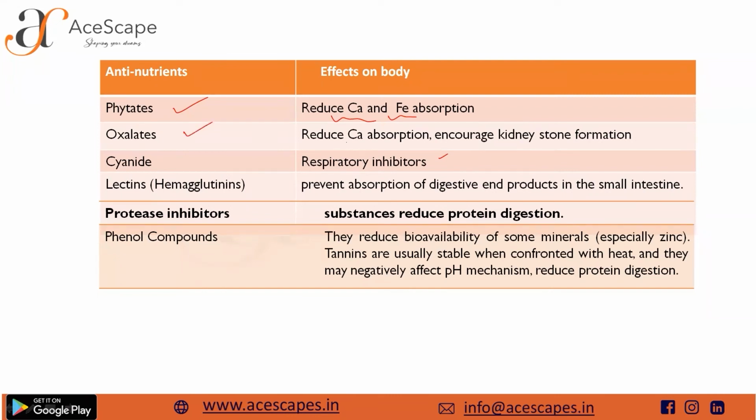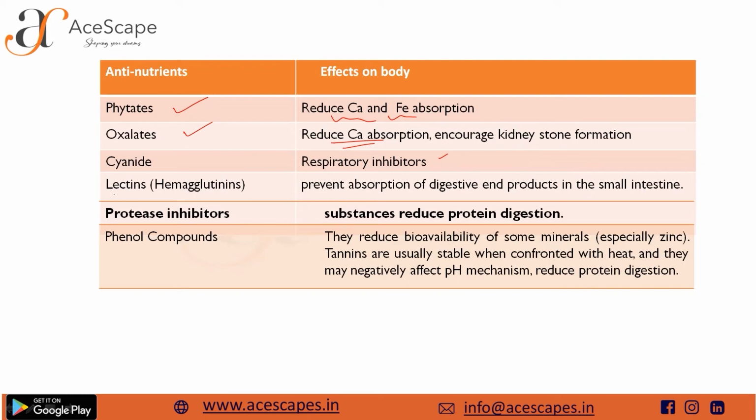This oxalate also reduces the absorption of calcium. So excess calcium will be excreted through our urine, and thus there are chances for kidney stones also. Cyanide compounds, that we all know, are respiratory inhibitors. They'll inhibit the respiration mechanism and cause lethal effects.